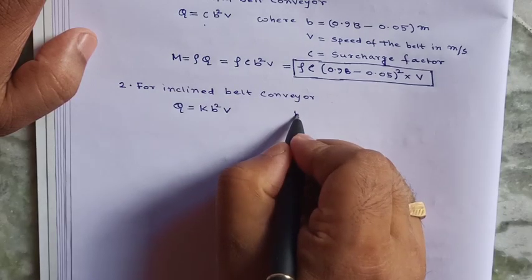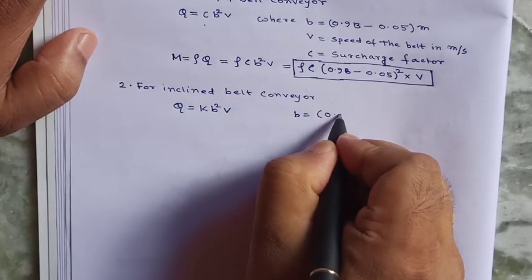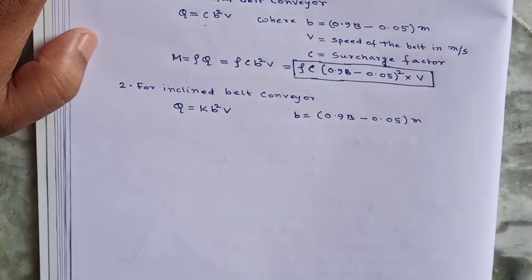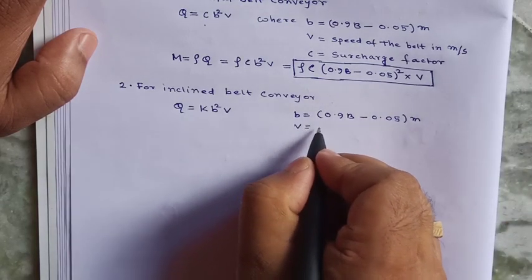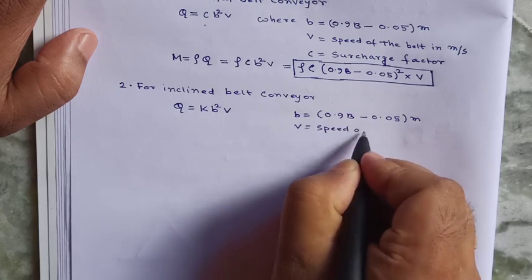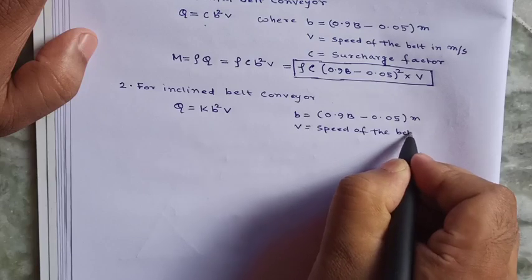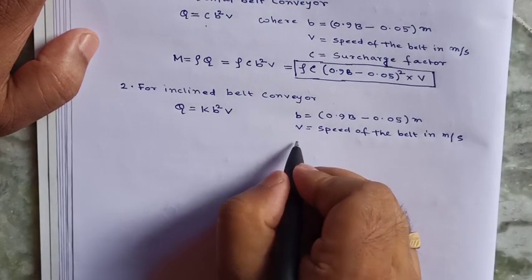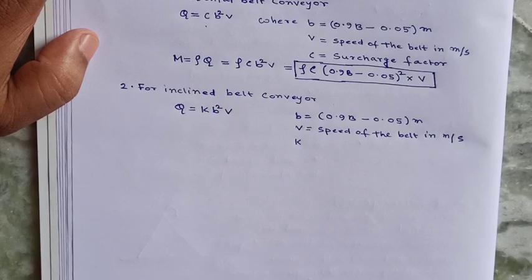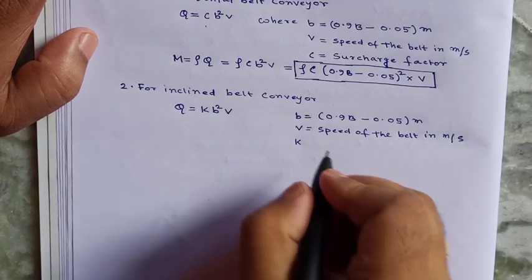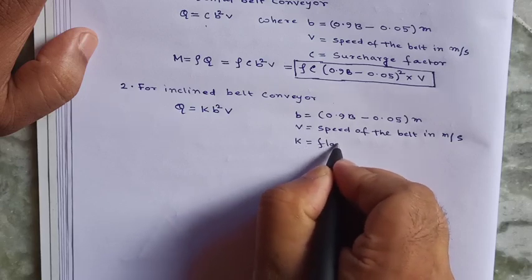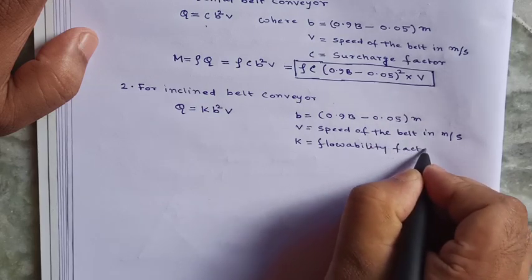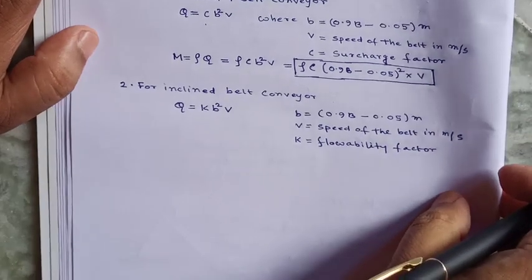Now here, B equals 0.9 B minus 0.05 meter, and V equals the speed of the belt in meter per second, and K is called the flowability factor.